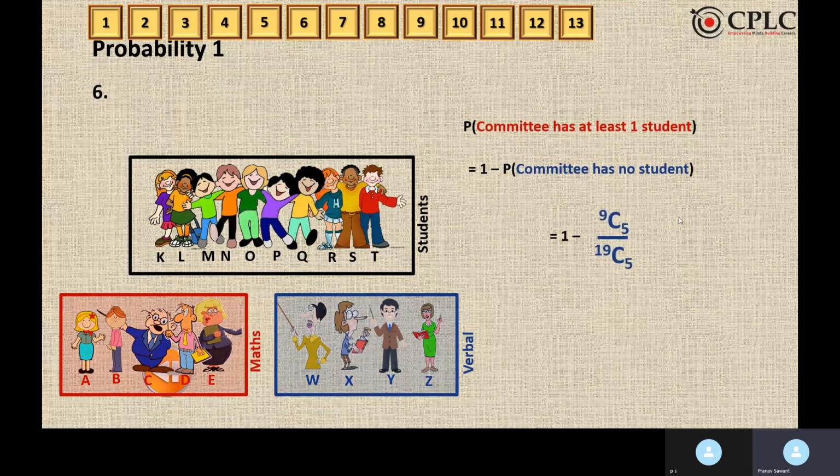Committee having no student means we are just considering math and verbal for the 5 places. So it is going to be 9C5 upon 19C5, and the answer is 1 minus 9C5 upon 19C5. Hence option 3 is the answer.